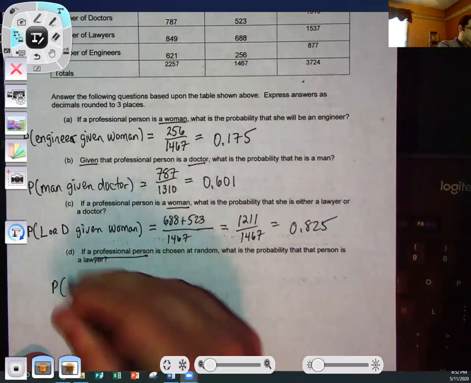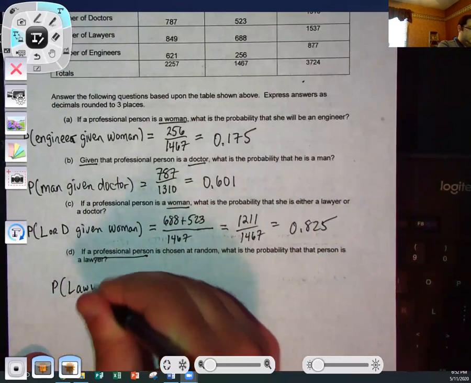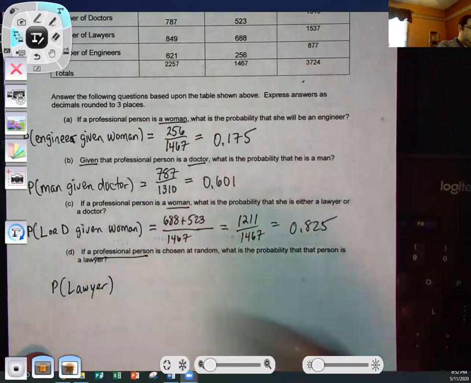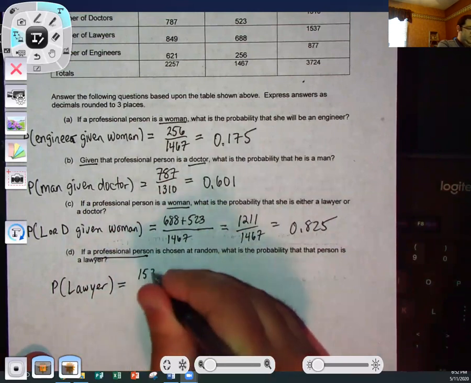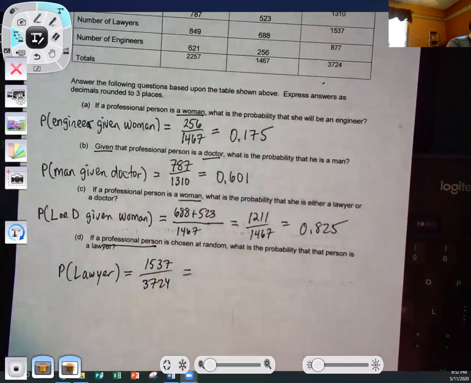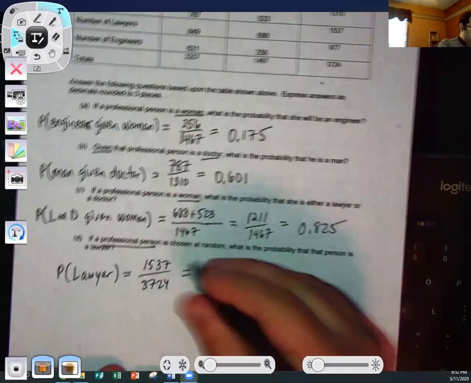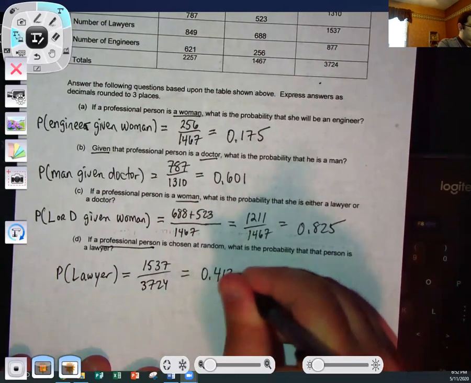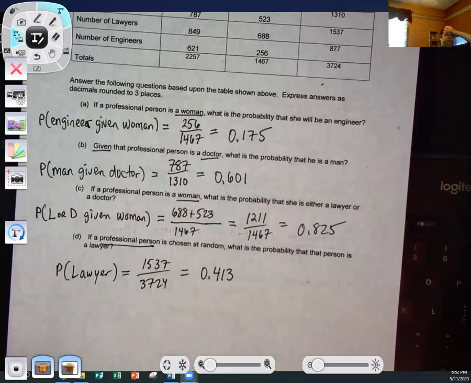So the probability of selecting a lawyer would be 1,537 out of 3,724, which is 0.413.